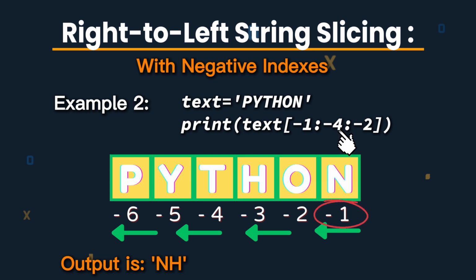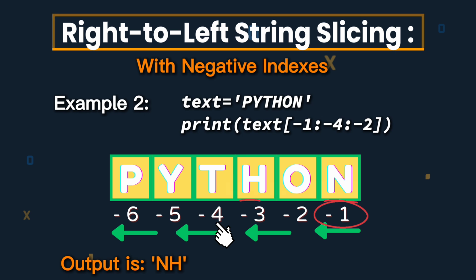Since the stop index is not included in Python slicing, we stop before reaching index -4, which refers to the character T. -2 is the step. This means we move two characters at a time in the right to left direction because the step is negative. Notice that the start index is greater than the stop index and the step is negative. This tells us we are performing a reverse slice, moving from right to left through the string.